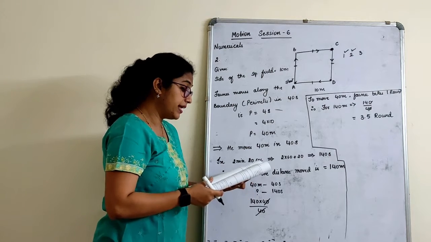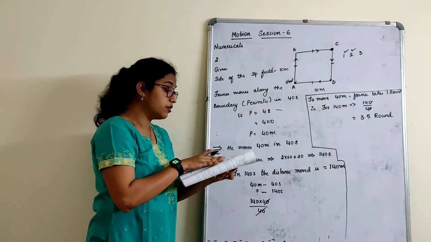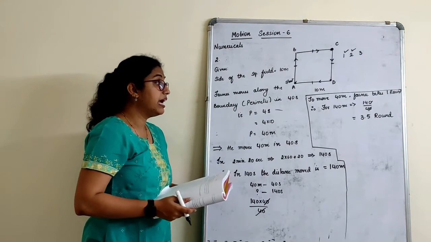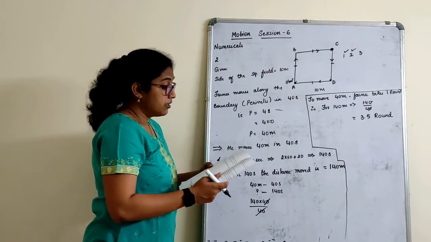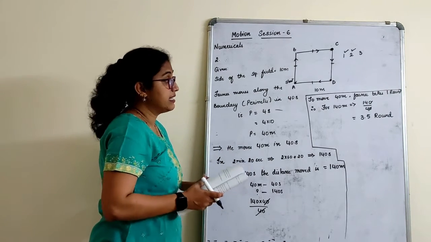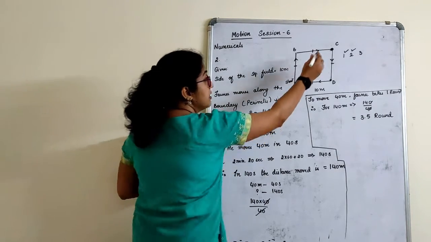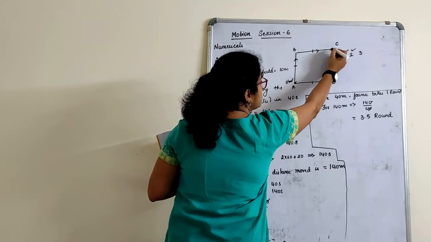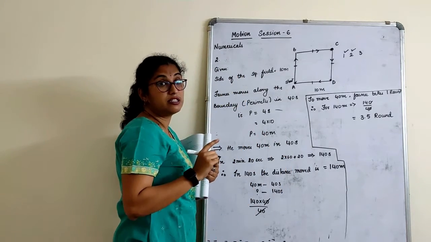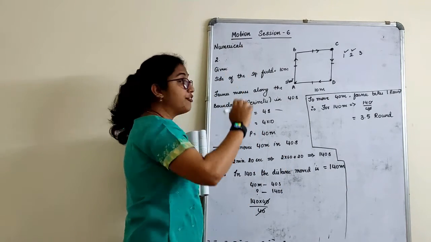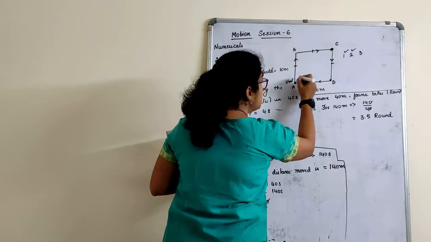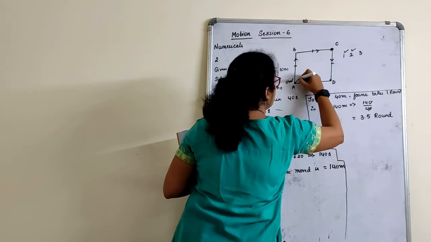What is the magnitude of the displacement of the farmer at the end of 2 minutes 20 seconds? Displacement is the shortest distance between the initial and final. So this is my initial position and this is my final position.